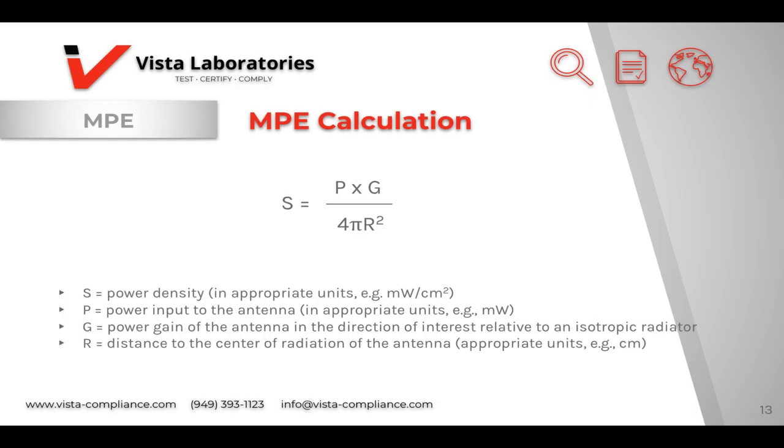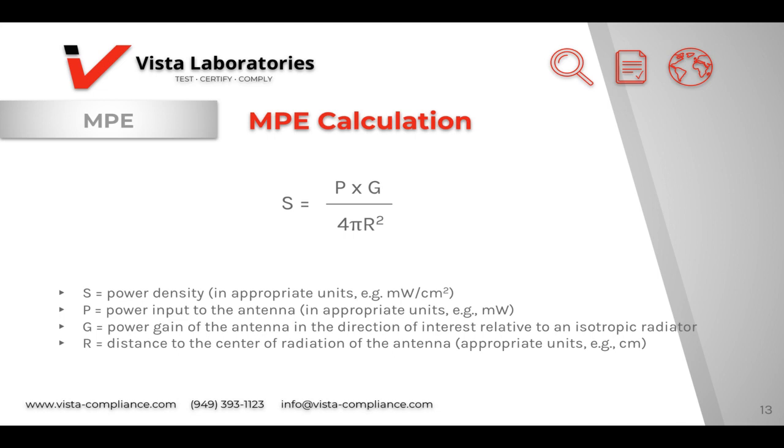This is the formula we use for a maximum permissible exposure calculation, and again, this applies to fixed and mobile transmitters used greater than or equal to 20 centimeters from the human body, and operating in the frequency spectrum 300 kilohertz to 100 gigahertz. S here is the power density, P is the power input to the antenna, so it would be the conducted power if you measured it.